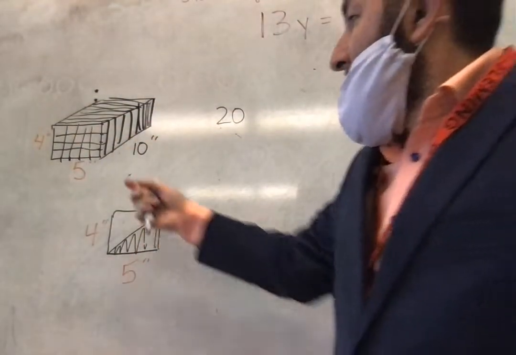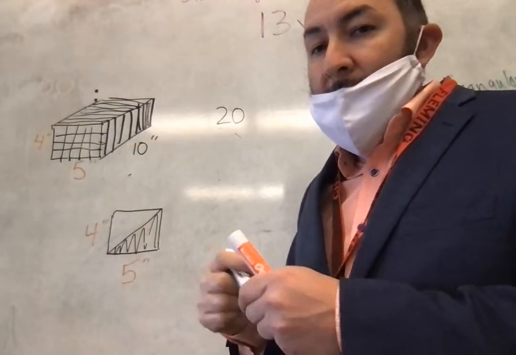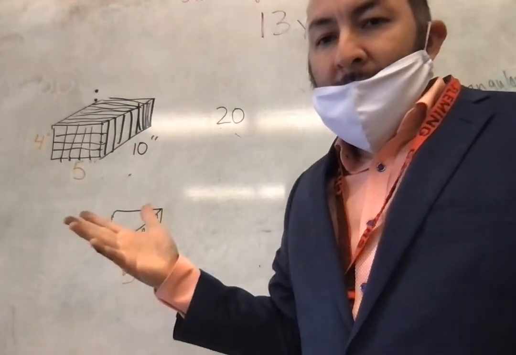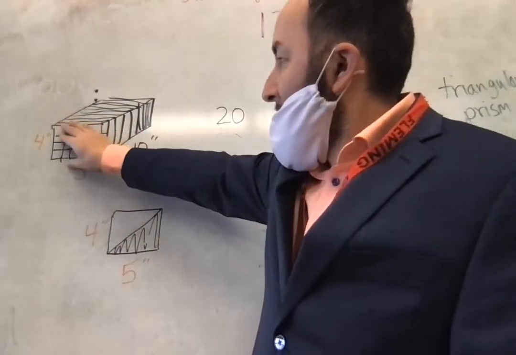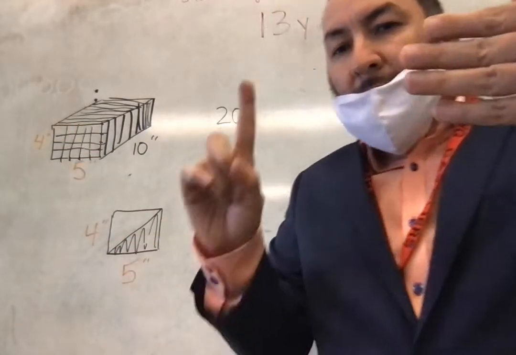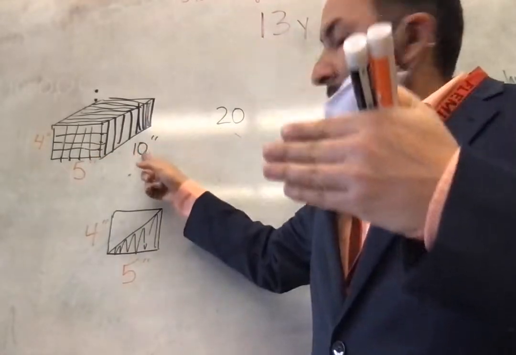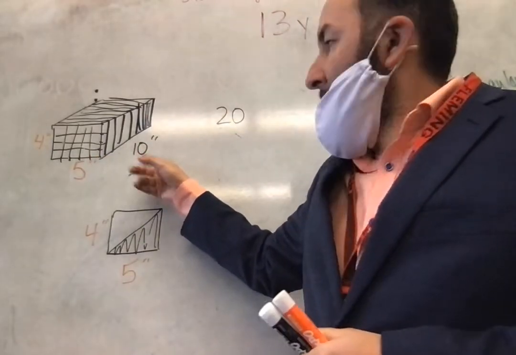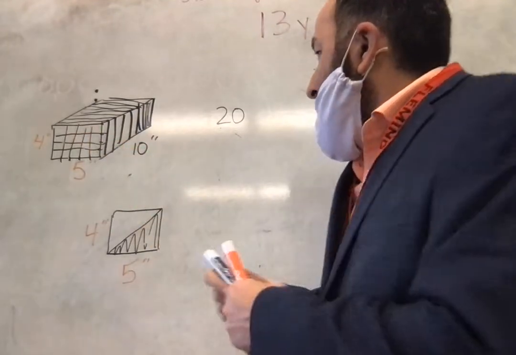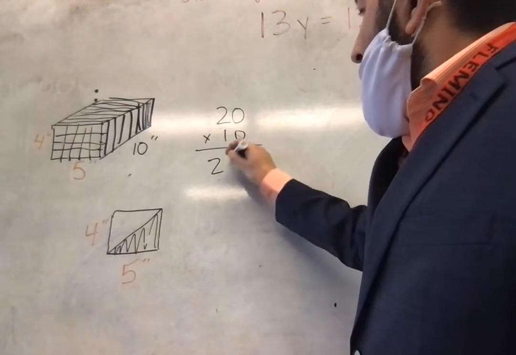So if the first slice is 20 square inches, and there's 10 of them that are exactly the same, then we find the area of the first shape called the face. That's rule number 1, find the area of the face, okay? And we multiply it times how many there are.